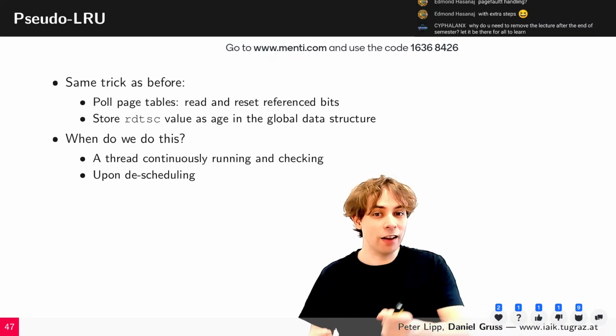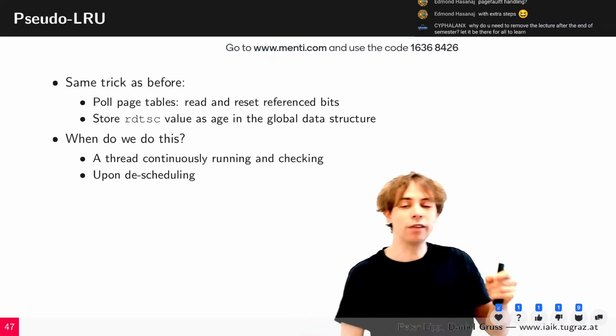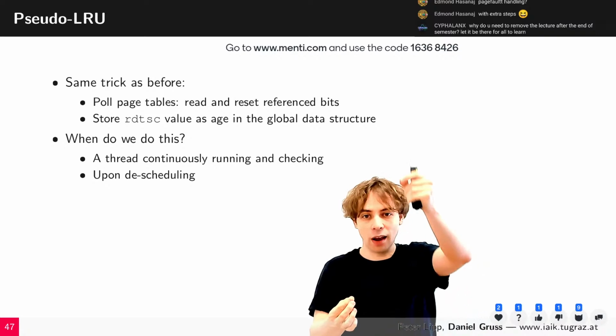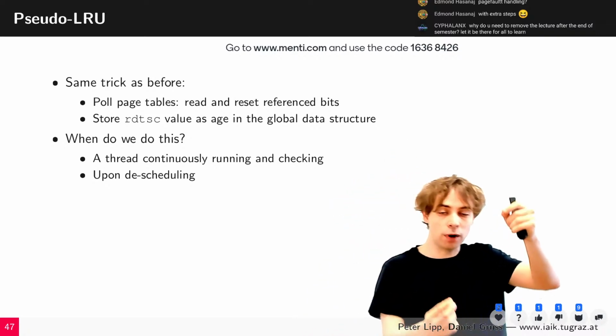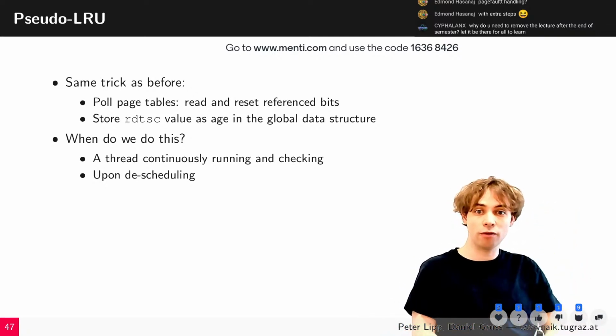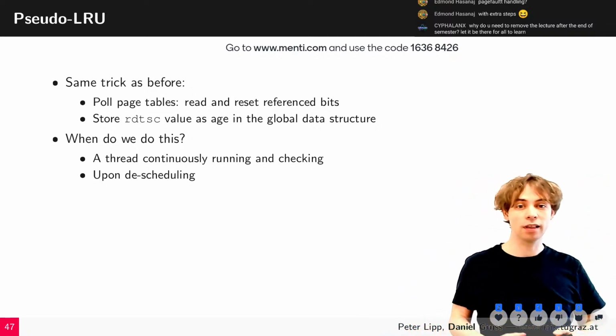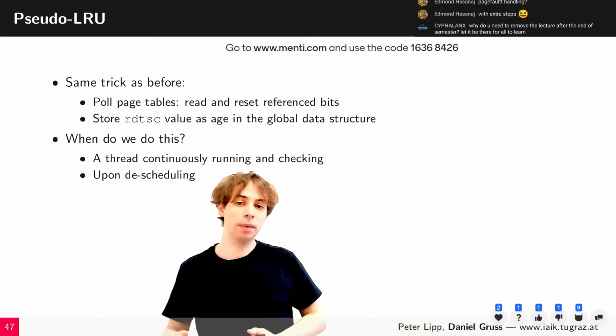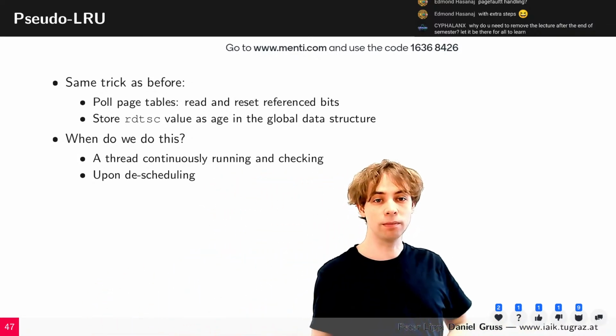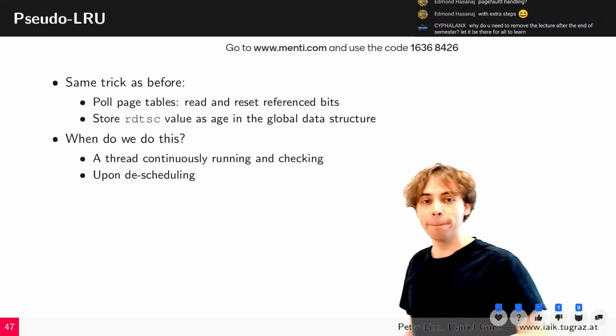And you can check the reference bits on any level. So on the page map level 4, you can check already which entries were referenced. One level down, which entries were referenced, and you can always check those bits and you will know whether the page has been referenced or not.